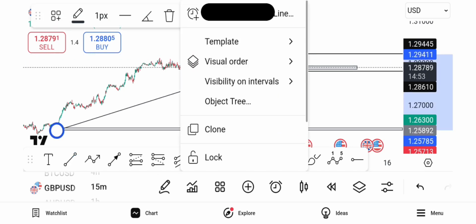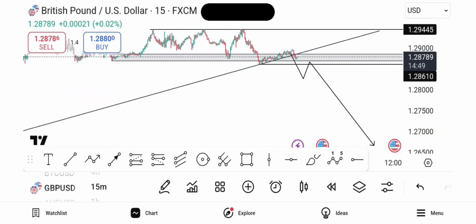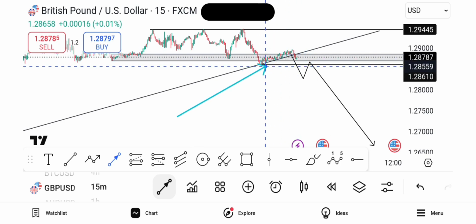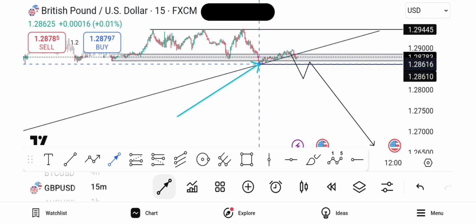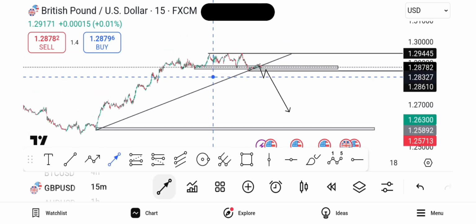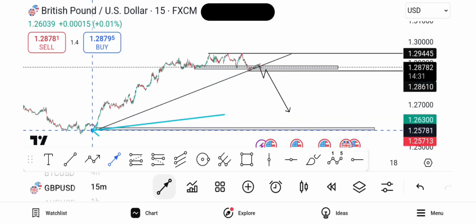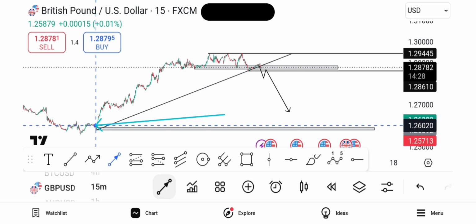Here we see it came through here, and that is it. That's a really good one. What's the meaning of that? Whenever you draw a trend line and it passes through 2 to 3 touches, it is a really valid one, meaning it is a strong zone.